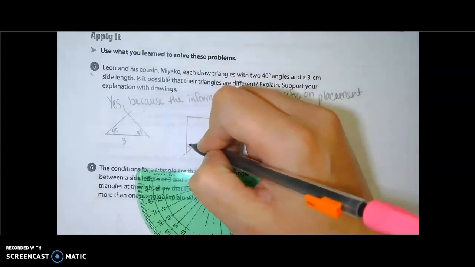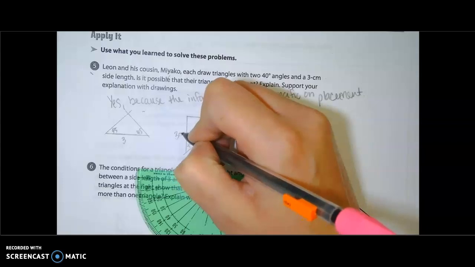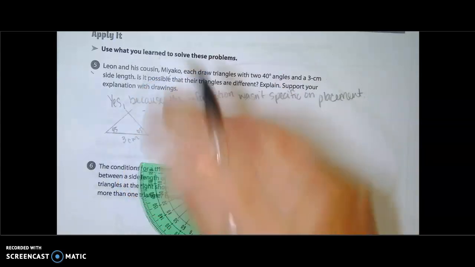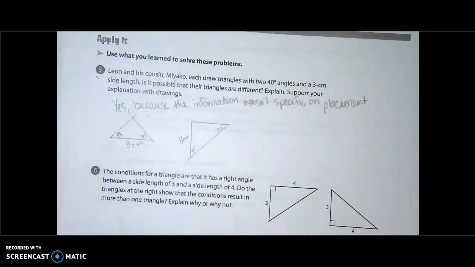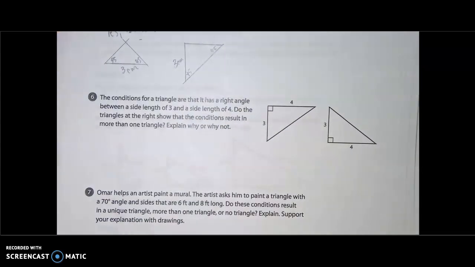So this would be a 45, and this would be a 45, and this one would be my 3 centimeters. So there's an example of at least 2 triangles. We could make a third. I'm not going to. That takes too much time.